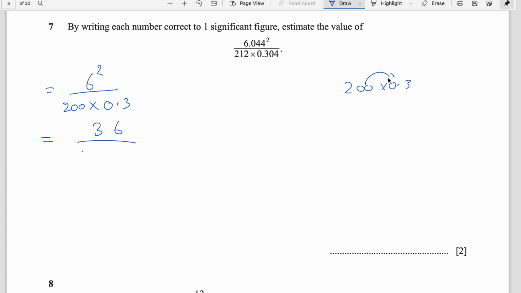I'm giving this 10 as 10 times 3, so this becomes 20 times 3. 3 ones are 3, 3 twos are 6, 12 by 20. If I divide by 2, this is 6/10 and finally 0.6.